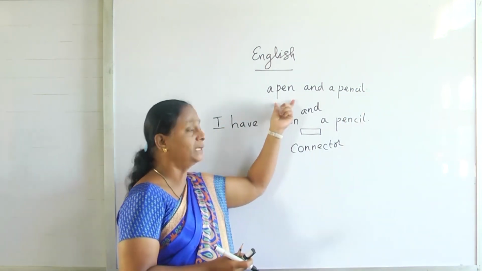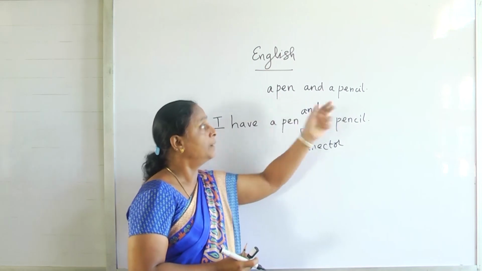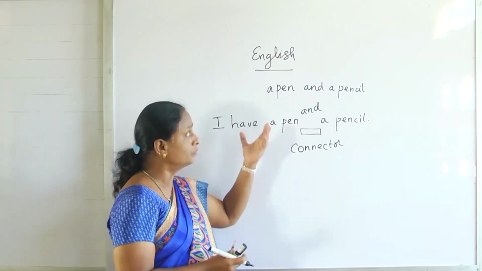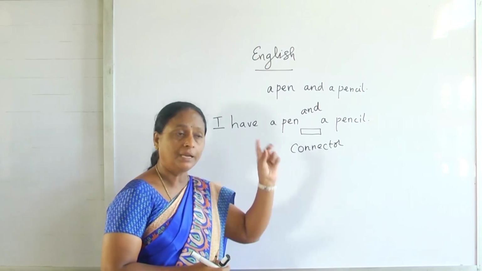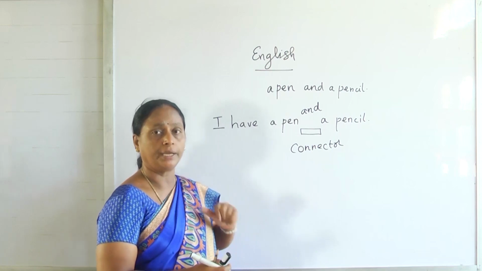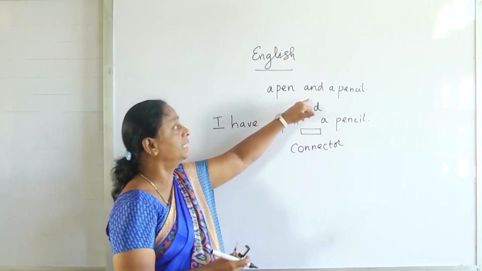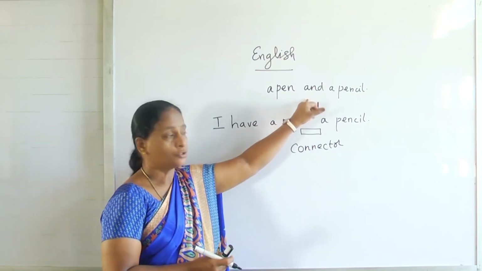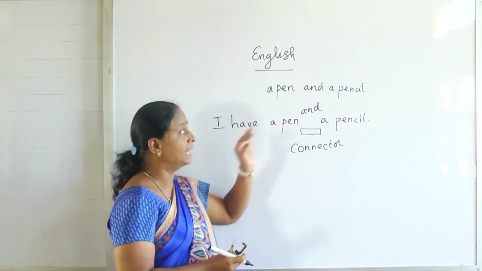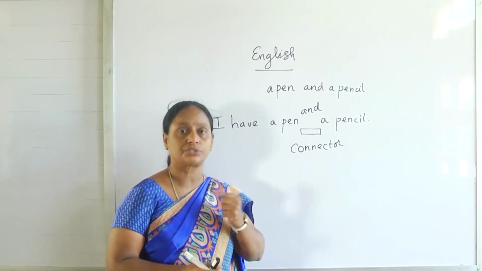So here pen is one word, pencil is another word. Both are things, but both are words. When I want to join two words together, what do I have to do? I need a connector to join it. So this is a connector. Or else this can be mentioned as a conjunction.